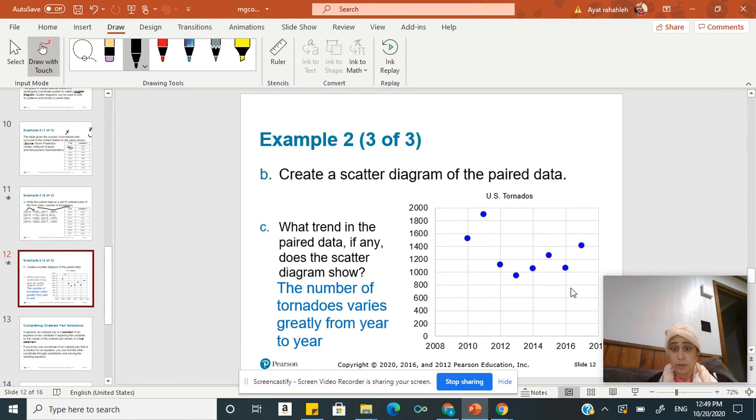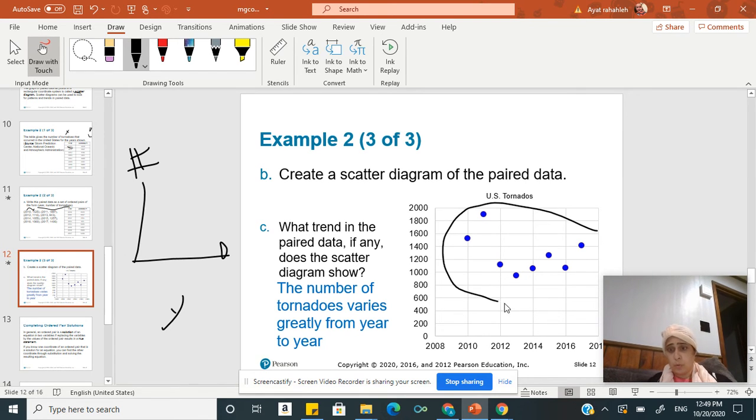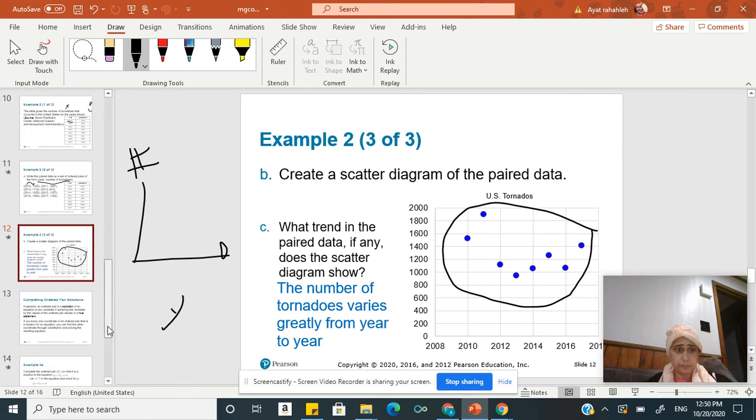Now we're going to go back and just draw a scatter diagram. We have years on the bottom, and then the number of tornadoes. As you can see in the scatter diagram, it varies, so there's no clear relationship with the number of tornadoes each year.